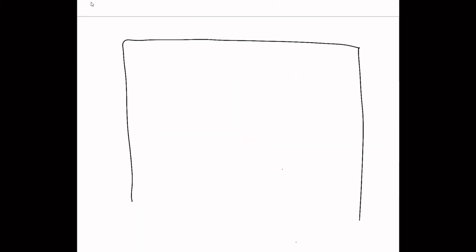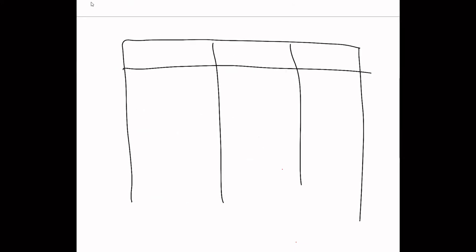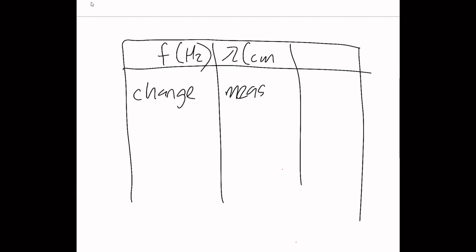So in other words, this is basically the summary, the final take-home message: you need to play with the app. You need to change the frequency in hertz. You need to calculate the wavelength in centimeters. Sorry, this is change, this is measure.